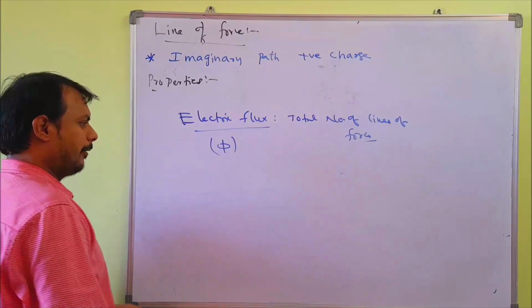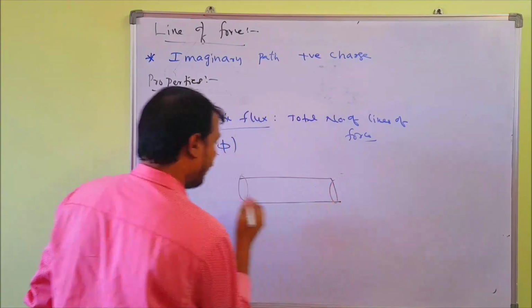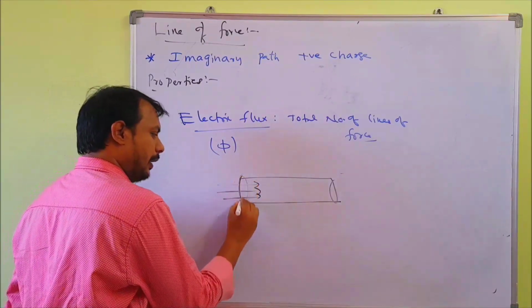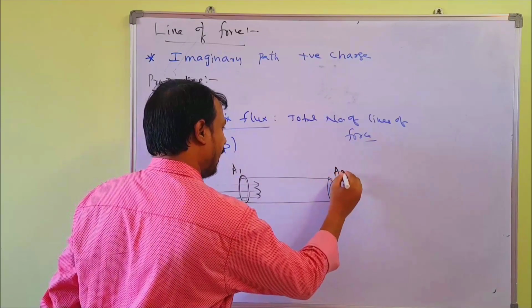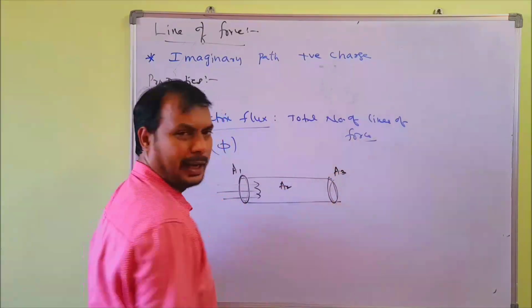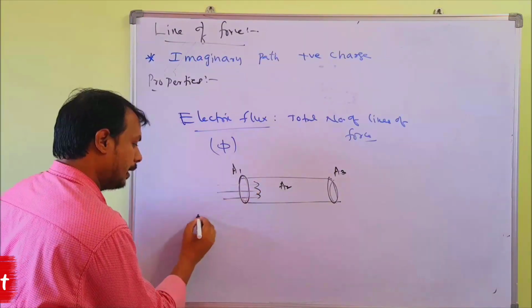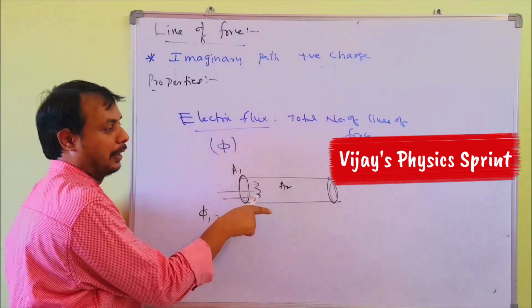See, in a given surface, imagine three surfaces: this is A1, this is A3, and this curved surface is A2. If lines of force are entering into the surface, then the flux is taken as negative flux.